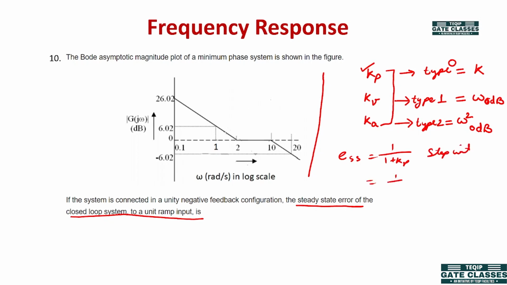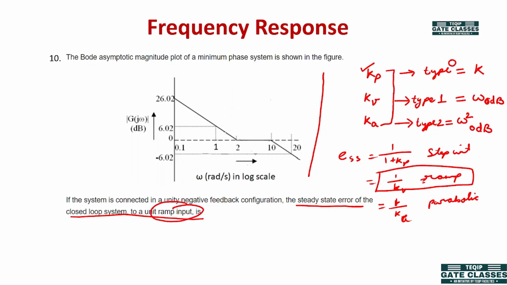It is equal to 1 by Kv for unit ramp input, and it is equal to 1 by Ka for parabolic input. Okay, so here we have to calculate the steady state error of the closed loop system for unit ramp input. So we have to calculate 1 by Kv.